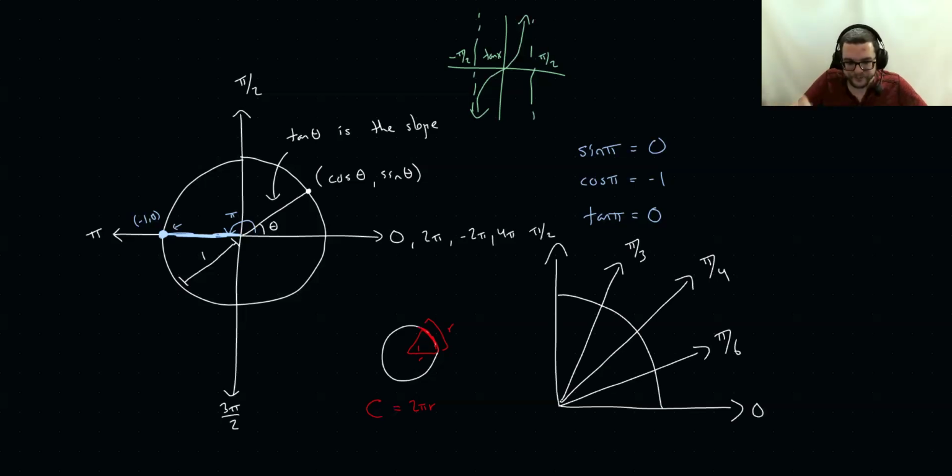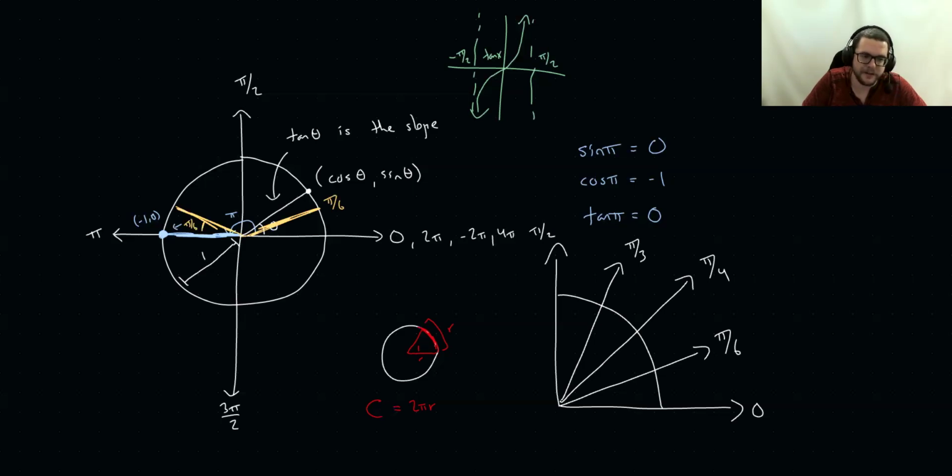These are three special values within the first quadrant where we need to be familiar with the values of our trig functions. And then there are symmetric versions of these in the other three quadrants, right? If you think about an angle here that maybe is pi by 6, then on the other side, that must be pi by 6.